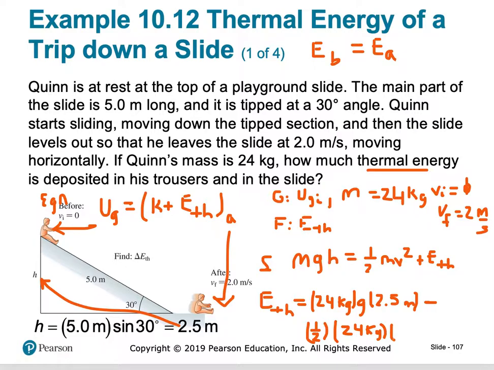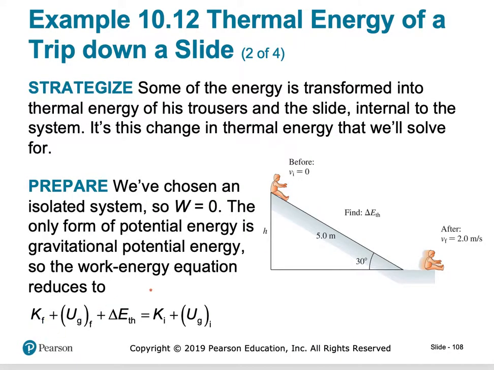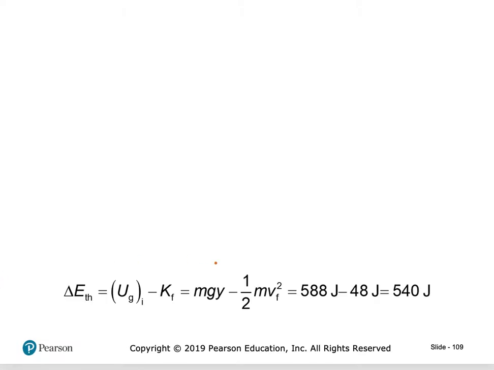Our speed is 2 meters per second. And if we do all that math, we're going to get a value of 588 joules minus 48 joules, which is 540 joules.